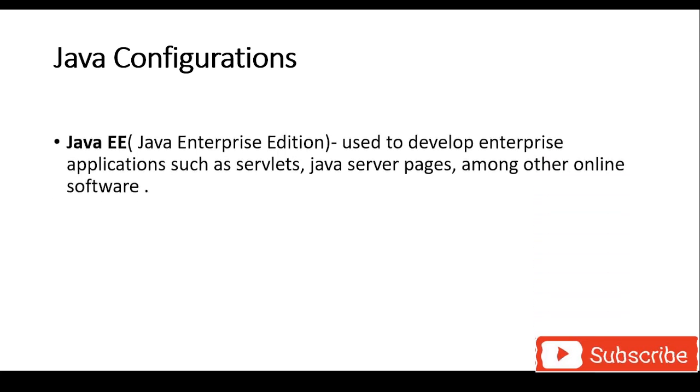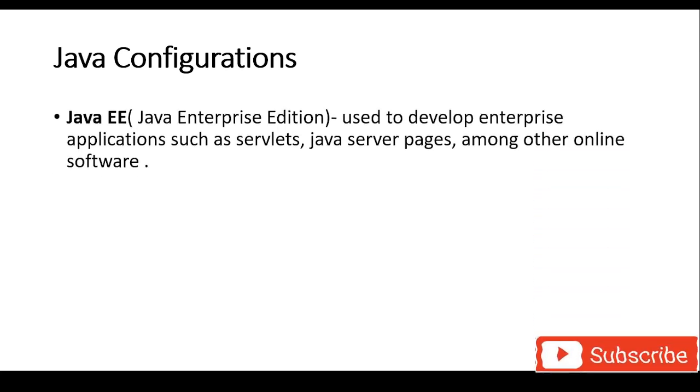Now, going forward, we have several configurations of Java. We have the Java Enterprise Edition, which is basically used to develop enterprise applications such as servlets and Java Server Pages, mainly used for websites. Many websites that have heavy traffic prefer to use Java Server Pages, among other online software.